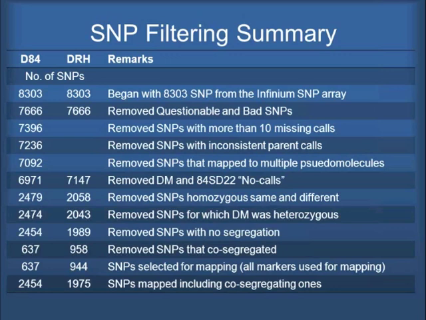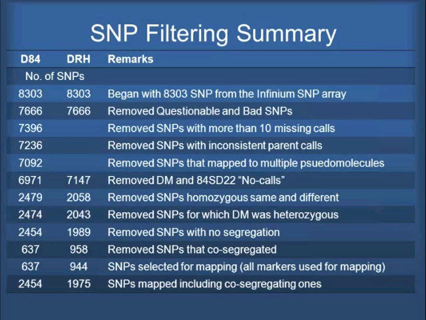Okay, so here's the filtering process. We have the two populations, the DM by 84SD22 and the DM by RH. And so you can see the process here with the first filtering, removing questionable and bad SNPs, removing SNPs with more than 10 missing calls.